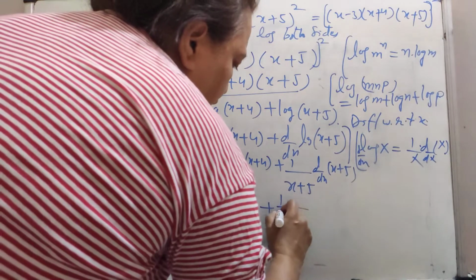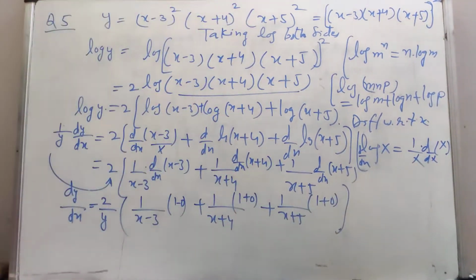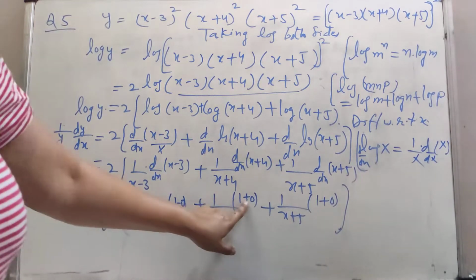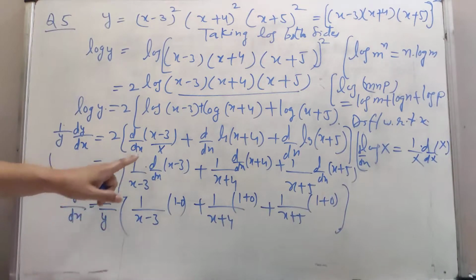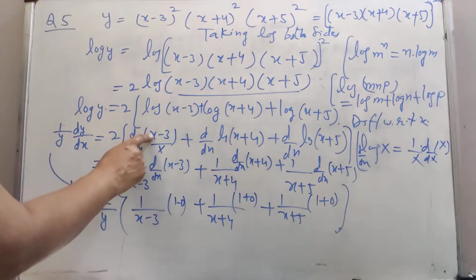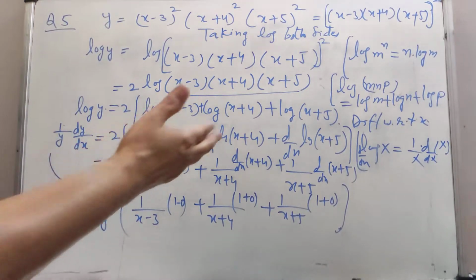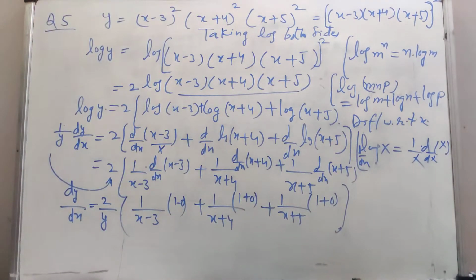Here also 1 over x plus 5, the derivative is 1 plus 0. If you can leave this portion, it's okay, because in the logarithm of x minus 3 the variable is only x. So it is 1 over x minus 3.